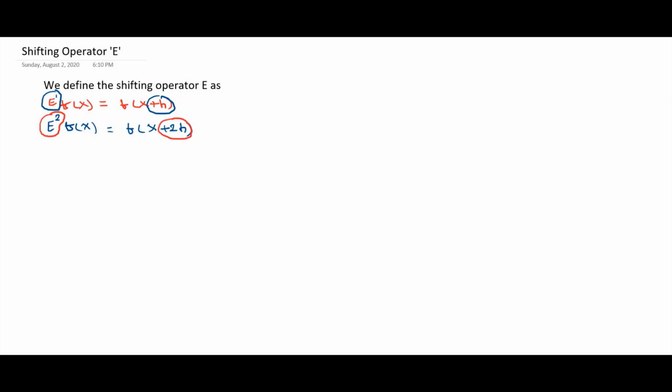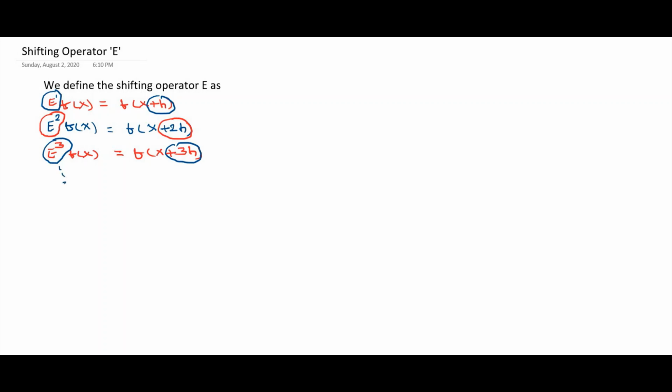Continuing in the same way, E cube f of x we can write as f of x plus 3h. To eliminate E raised to 3, we have to add 3h, so that we are left with f of x.